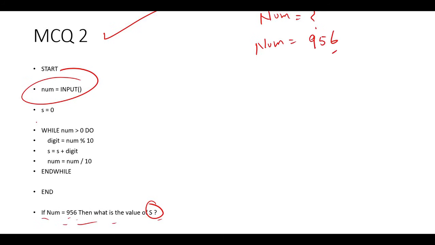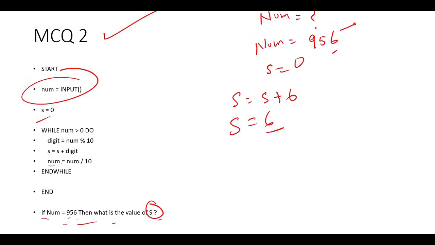Now they are saying s equals 0. While num is greater than 0, do digit equals num modulus 10. If we do modulus by 10, we get the last digit, which is 6. Then s equals s plus digit, that means s plus 6. Currently the value of s is 0, so s becomes 6.